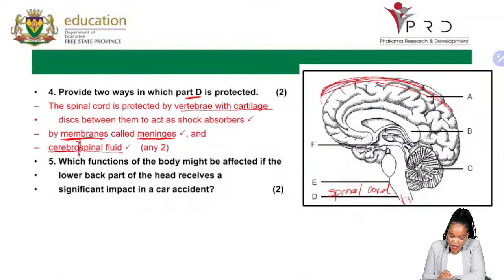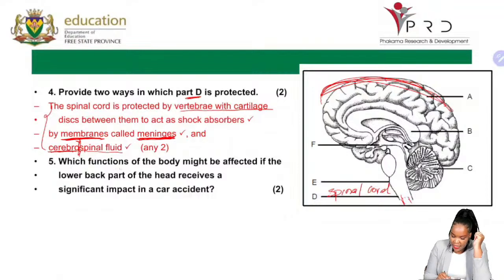Then these are the 3 ways in which the spinal cord is protected. Just to go through them again: 1, the spinal cord is protected by the vertebrae with cartilage. 2, it is protected by the membranes called the meninges. 3, it is protected by the cerebrospinal fluid.